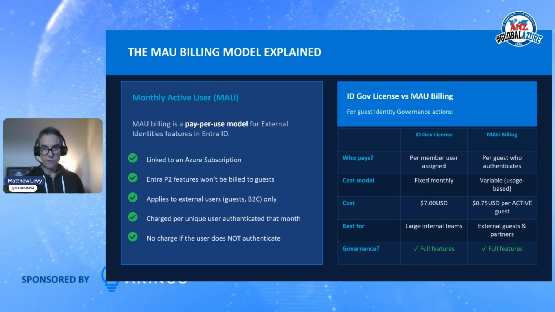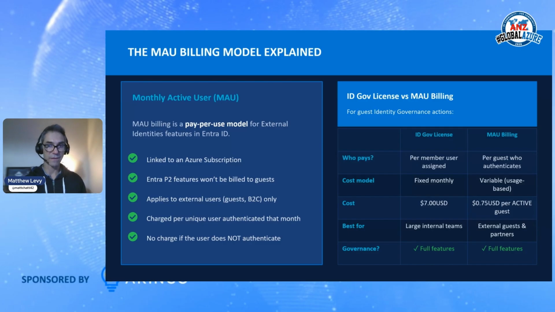The key difference compared to identity governance licensing is that you are charged based on how many external users actually authenticate in a governed month and leverage any of those identity governance features, not based on how many guest accounts exist in your directory. So if a guest account sits dormant and never signs in, it costs you nothing.